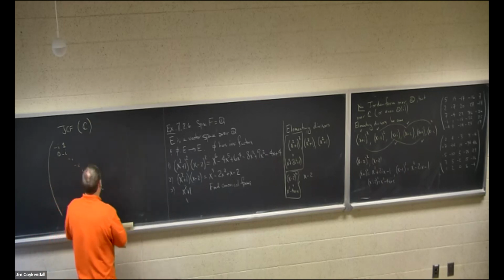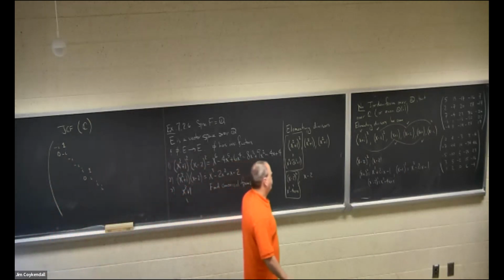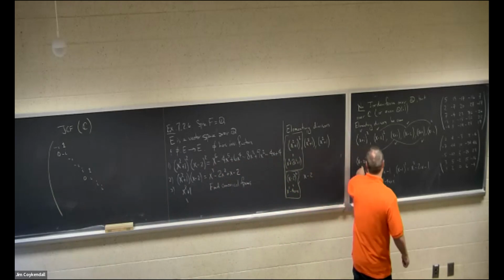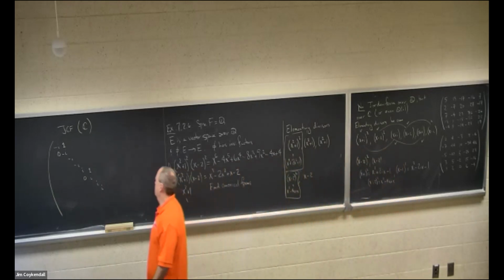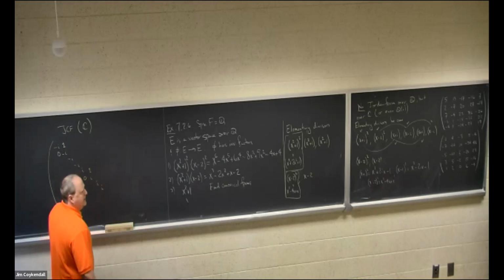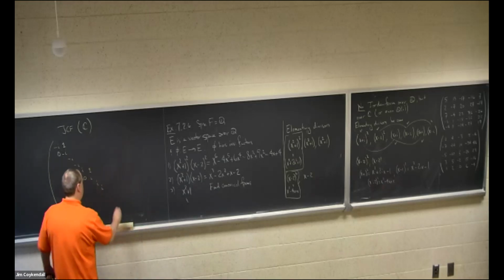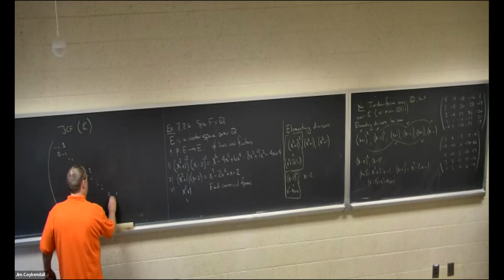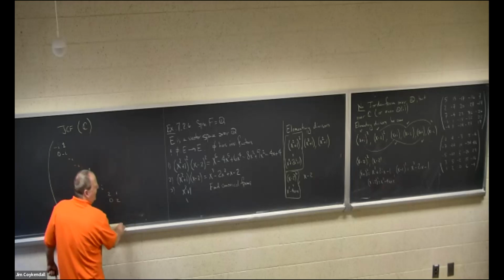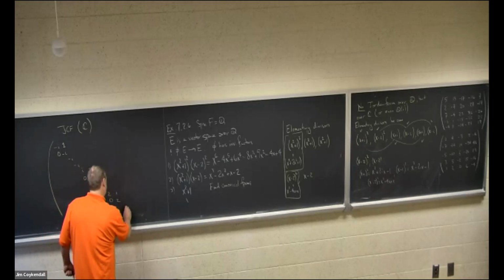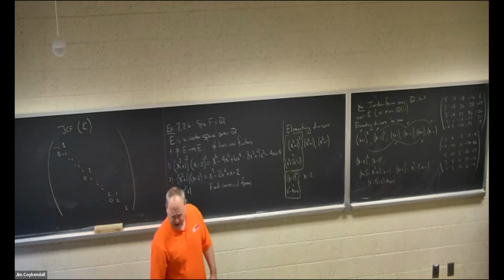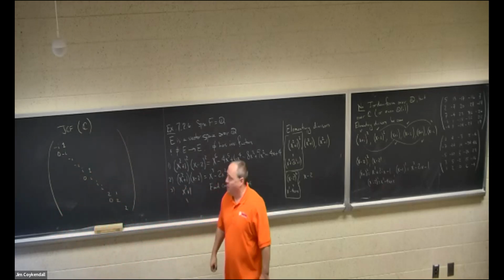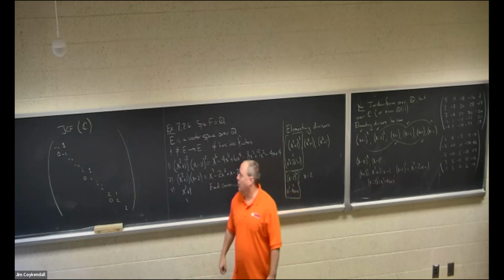And finally, I just have to deal with these two. I got a 2 block, let's see, 2, and a 1 block. And there it is. That is the Jordan canonical form in all of its glory.